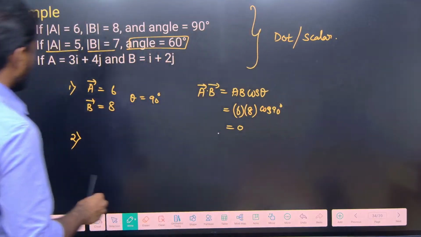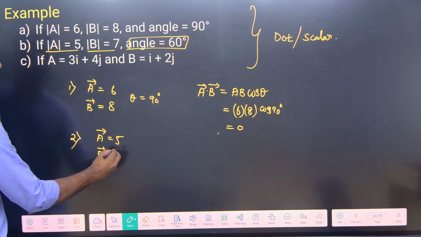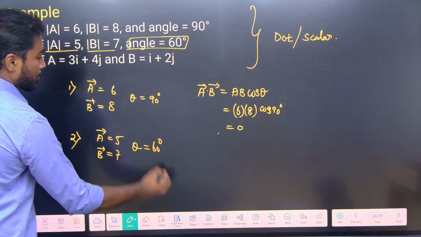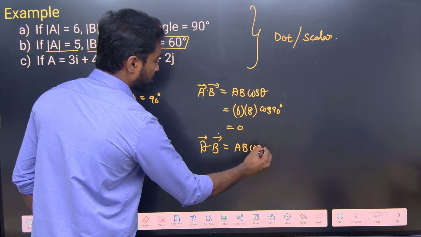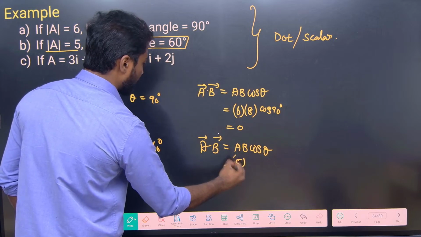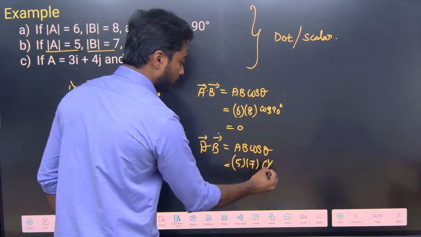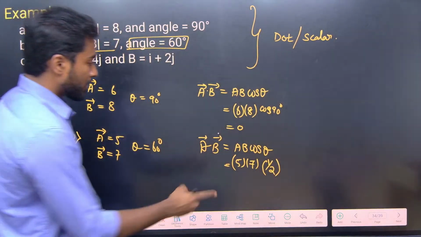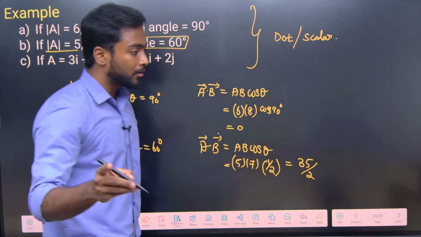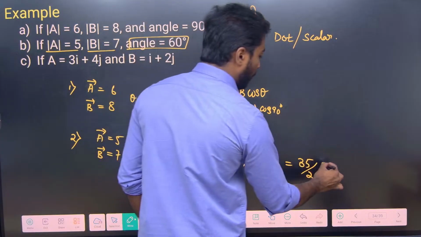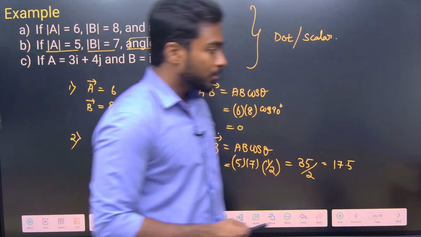So what is A? It is 5. B is 7. The angle between them is 60. So A dot B will be equal to AB cos theta: 5 into 7 into cos 60. Cos 60 value is 1 by 2, and sin 60 is root 3 by 2. So 5 sevens are 35, so it is 35 by 2. If they are asking in decimal, the answer is 17.5, right? The answer is correct now.